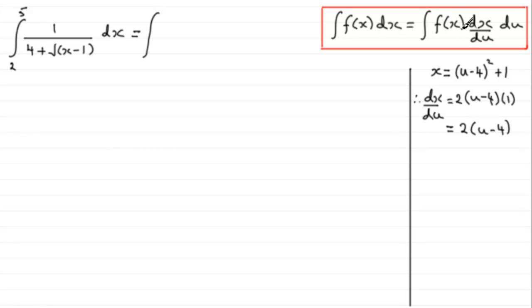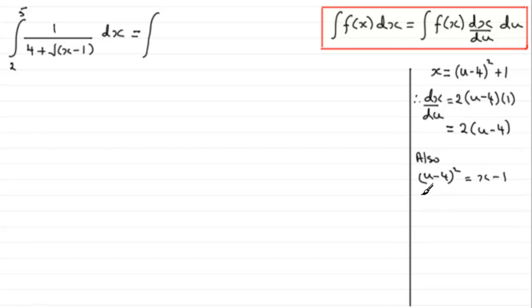Now for f of x, we've got to change it into u. And I can kind of get a sense that if we rearrange this for u, I've got a feeling we're going to get this denominator here. But let's just do it. Let's take 1 from both sides, and we're going to have u minus 4 all squared equals x minus 1.